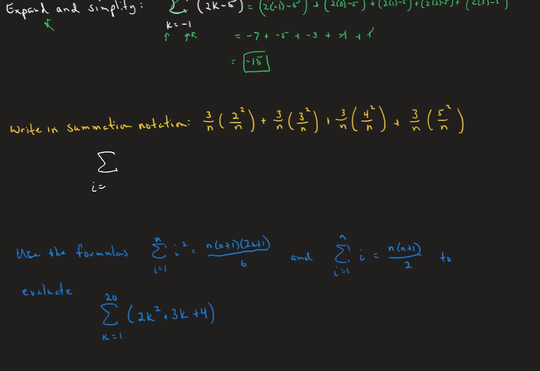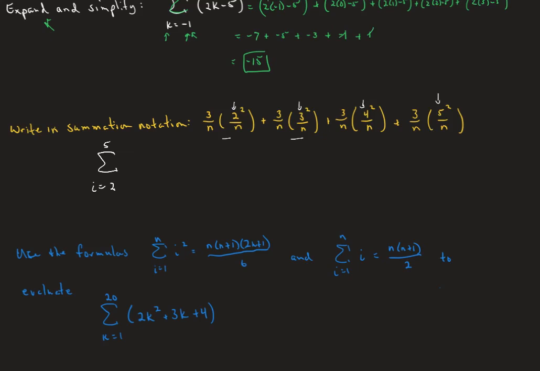But the thing that is changing in each of these expressions is we're going to go 2 squared, 3 squared, 4 squared, 5 squared. So the number that's changing in each of these is 2, 3, 4, 5. So I'm going to start this with 2 and end it at 5.